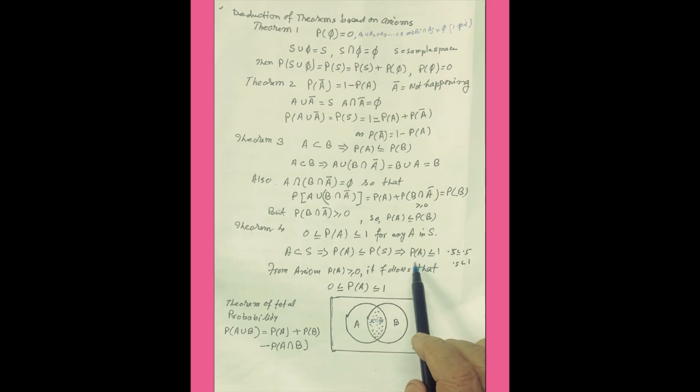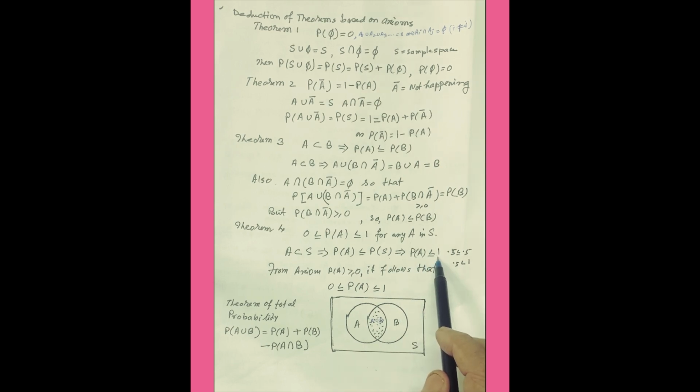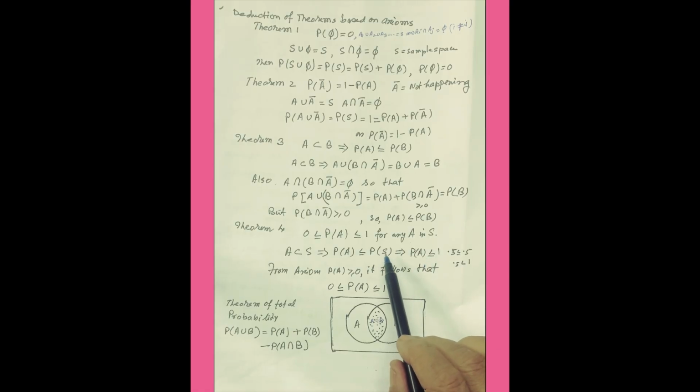This implies the probability of the event A is less than or equal to 1, because the total probability P(S) of the total sample space is always 1.